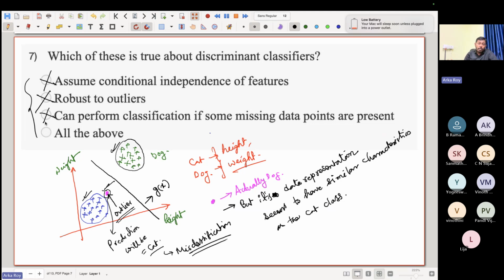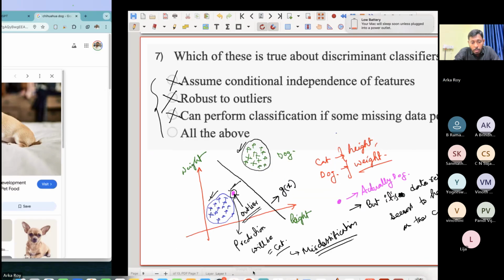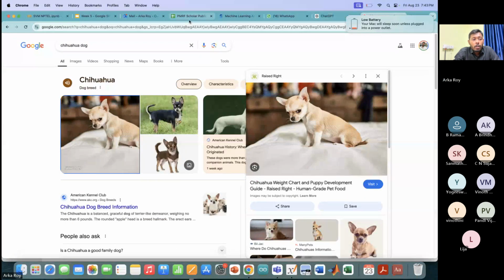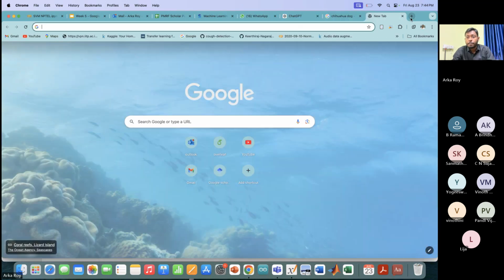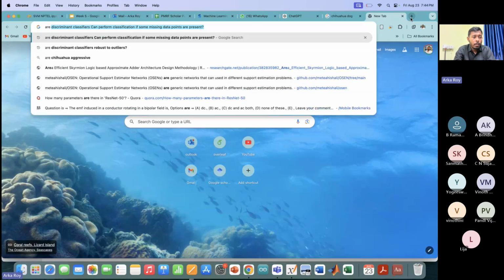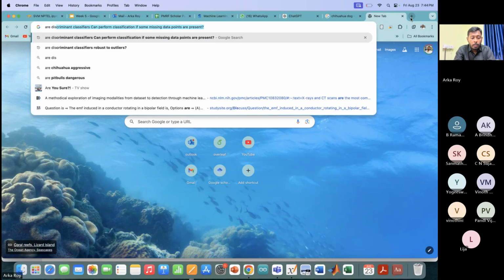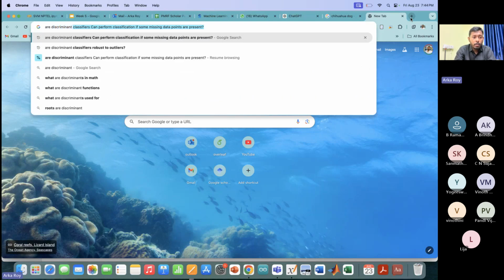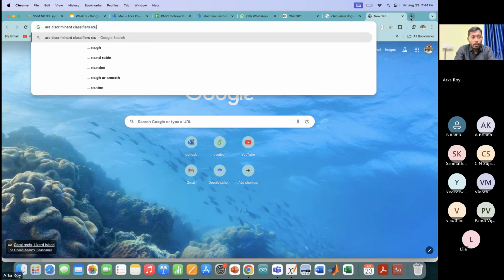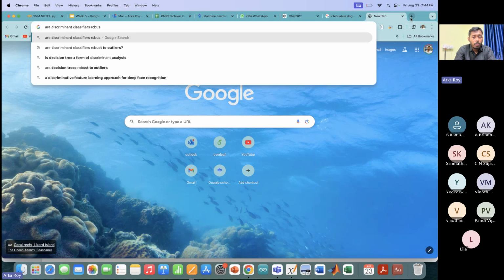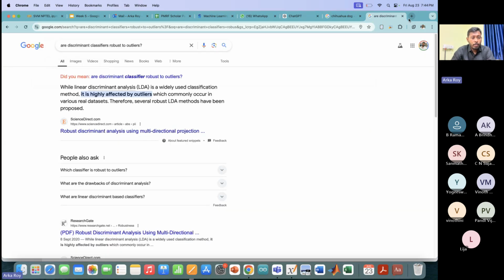But again, this is an anomaly, since they have answered that it is robust to outliers. So just to ensure, I searched whether discriminant classifiers are robust to outliers.